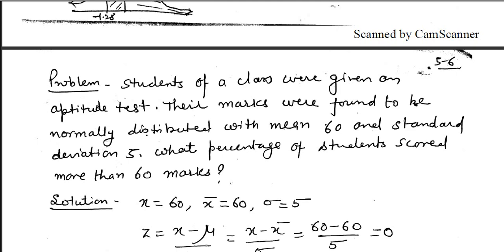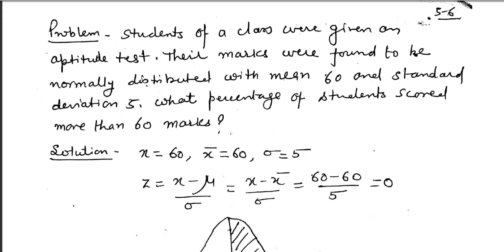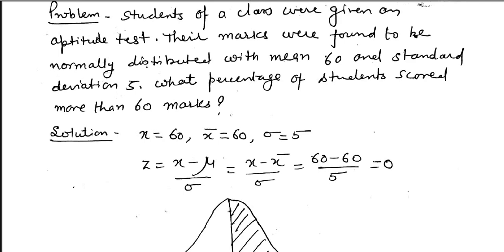Now look at a practical example based on this normal distribution. Students of a class were given an aptitude test. Their marks were found to be normally distributed with mean 60 and standard deviation 5.